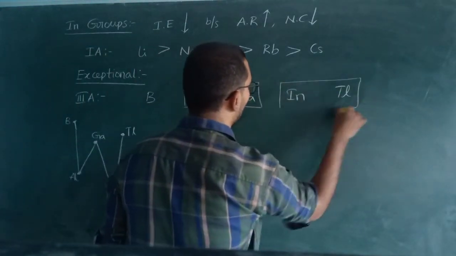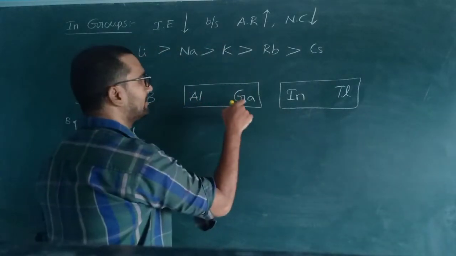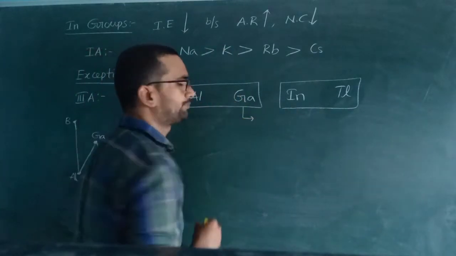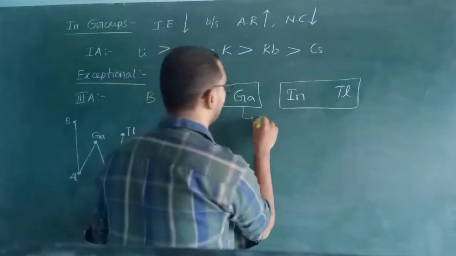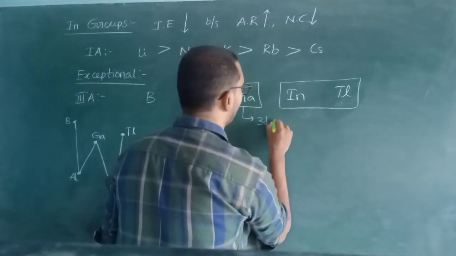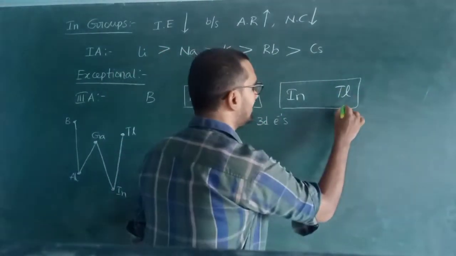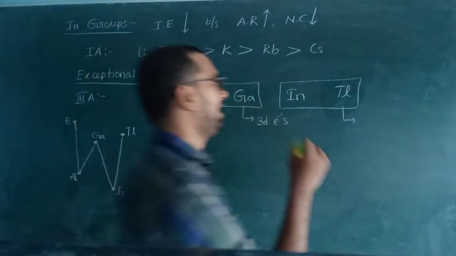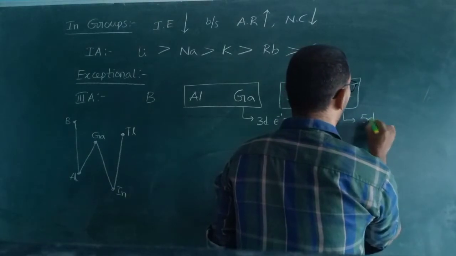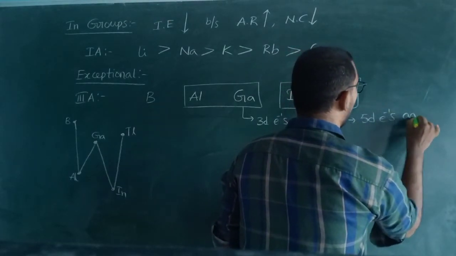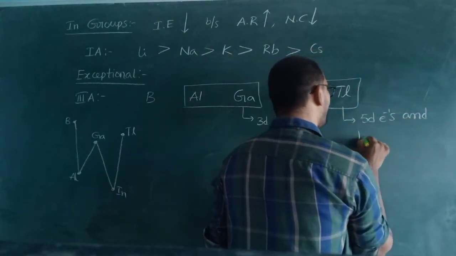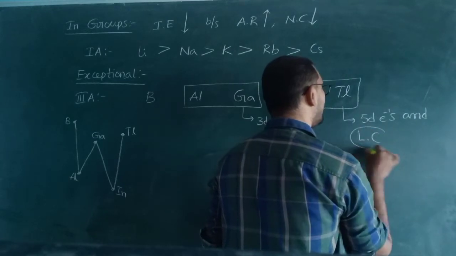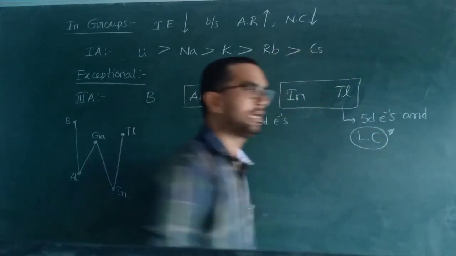Indium and thallium also show different nature. Why? Gallium is affected by 3D electrons. This thallium is affected by 3D, 4D, 5D electrons and lanthanoid contraction. This LC means lanthanoid contraction.